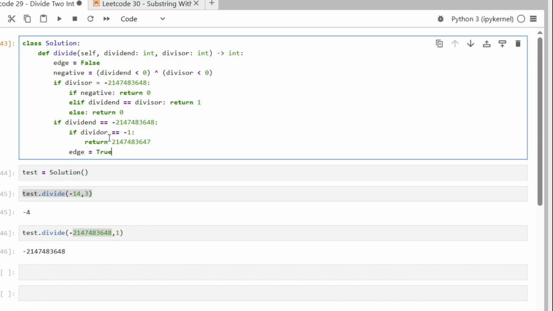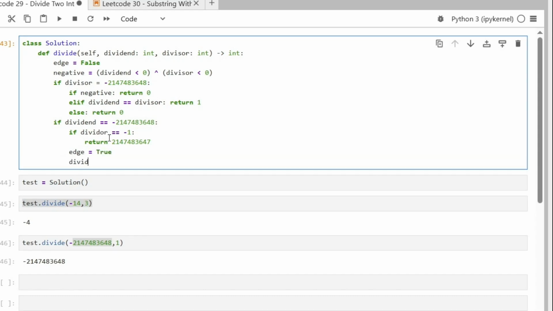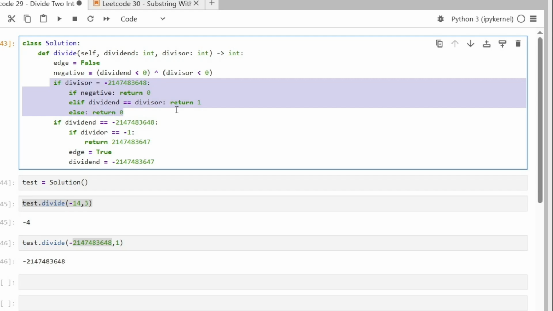We have edge. And dividend, I will make it this number. The edge case here is kind of confusing. So why I did that? Because for divisor to be this number, later we will convert dividend and divisor to absolute value, and if I convert it to absolute value, I cannot have a positive number like this one. We solved the edge case for when the divisor is a problem.